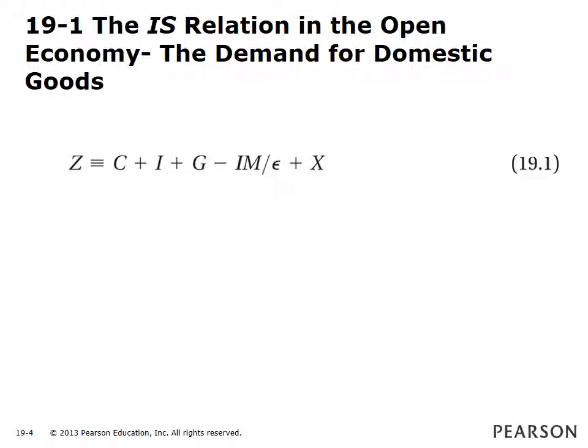So exports must be added in and imports must be subtracted to calculate the demand for domestic goods. However, in case of imports, we simply cannot subtract the quantity of imports. The real exchange rate allows us to calculate the price of domestic goods in terms of foreign goods. In order to convert the value of imports in terms of domestic goods, we must multiply IM by 1 over epsilon.